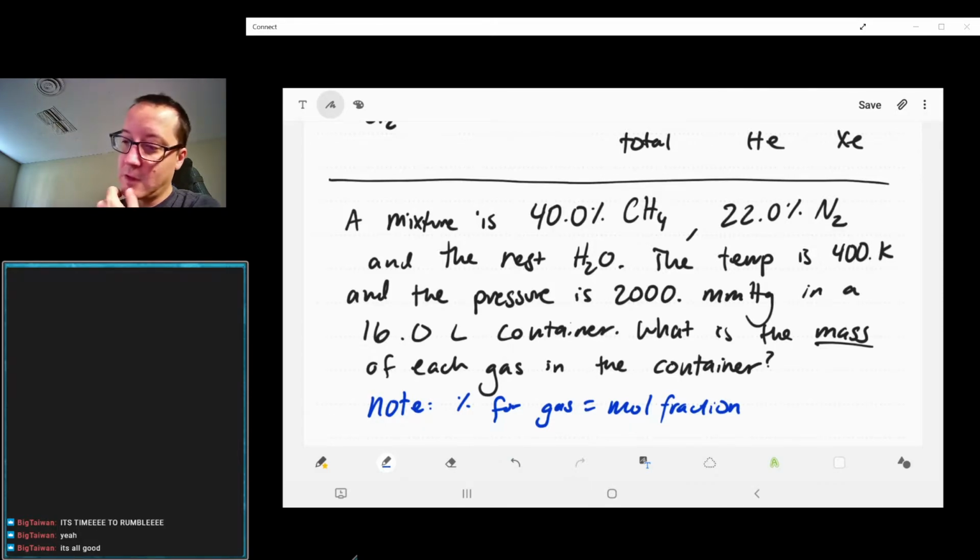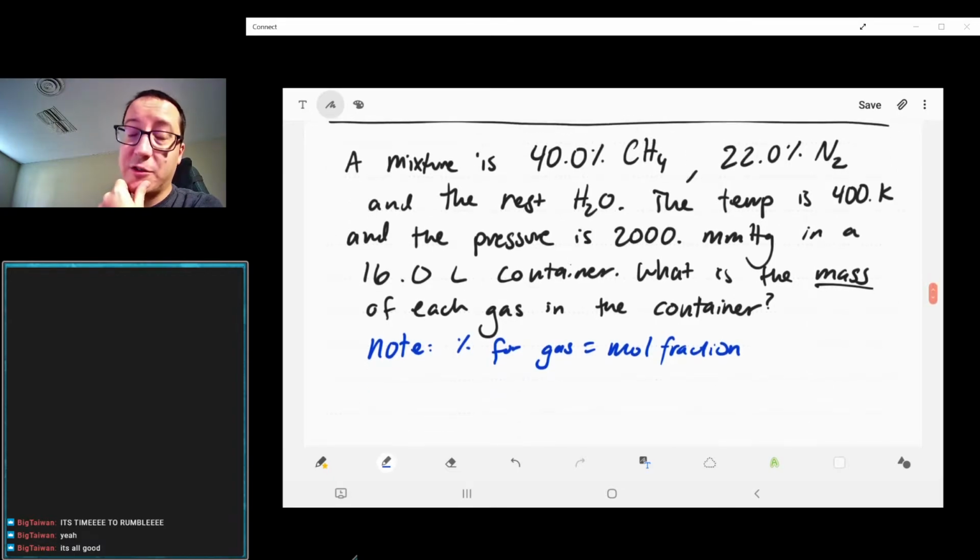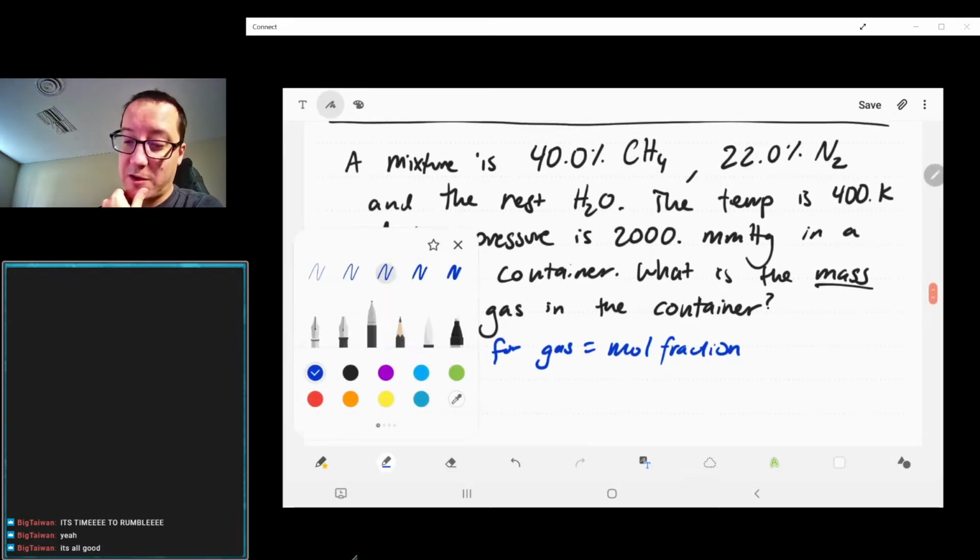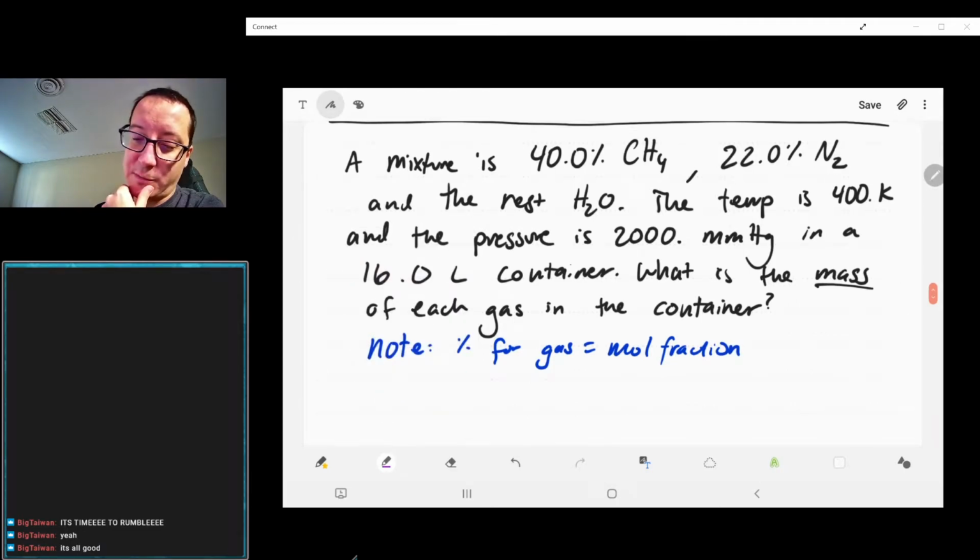So we can kind of do this 2 ways. One of them involves 3 parts, though. Option 1 is to use the temperature, volume, and total pressure to find the total moles.